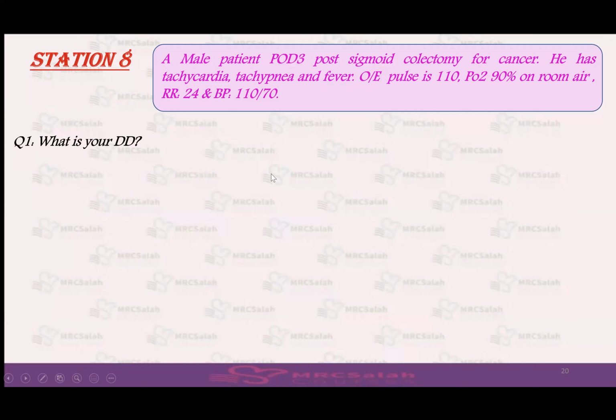What is your differential diagnosis for this patient? My differential diagnosis could be pulmonary embolism. The patient may have a chest infection, basal atelectasis, abdominal sepsis, or fluid overload, as in heart failure.